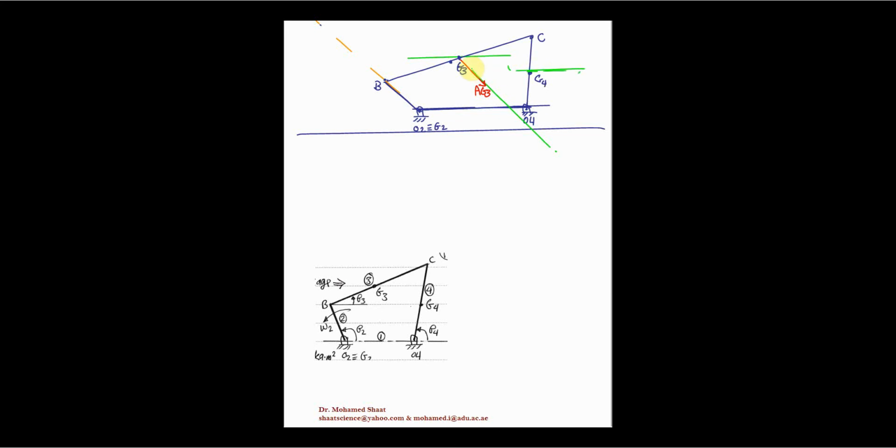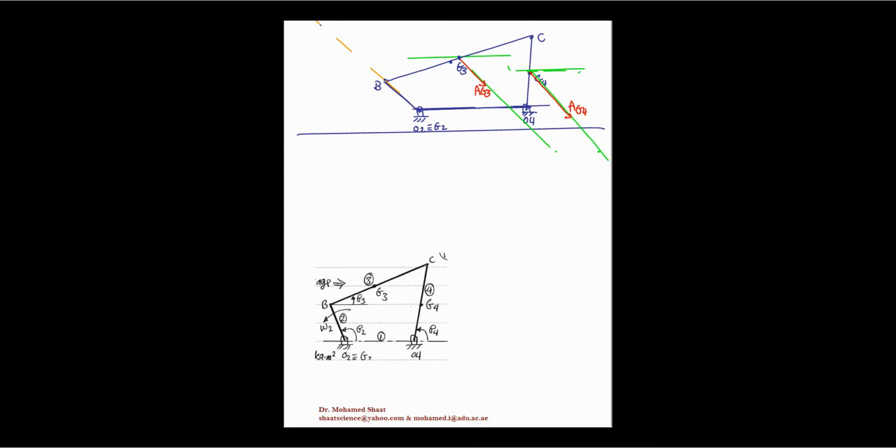Then from this line, we measure an angle of negative 52, which means you go down 52 degrees. Use the protractor and measure the angle. This gives us a point somewhere here. If you connect this point to G4, you end up with the direction of AG4. Then you draw the acceleration AG4 as already given in this direction. This is gonna give us AG4.